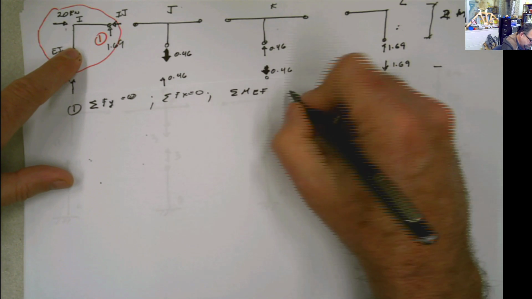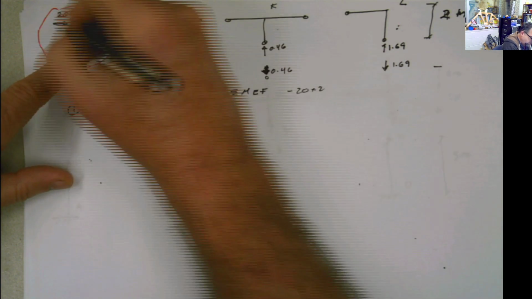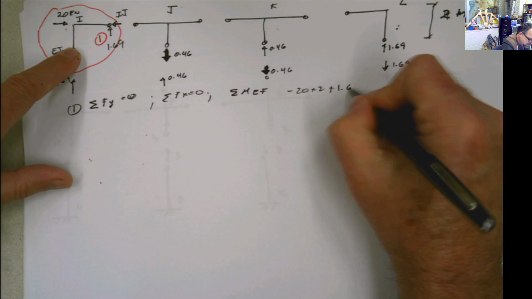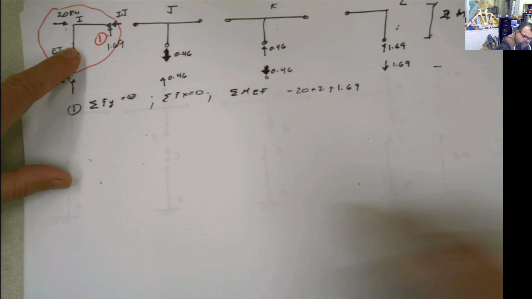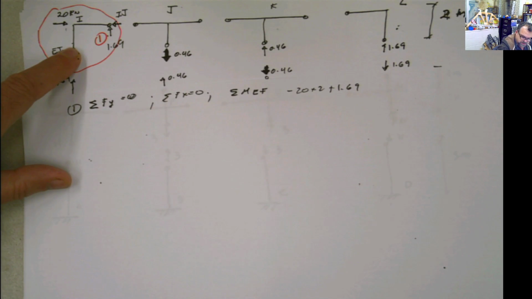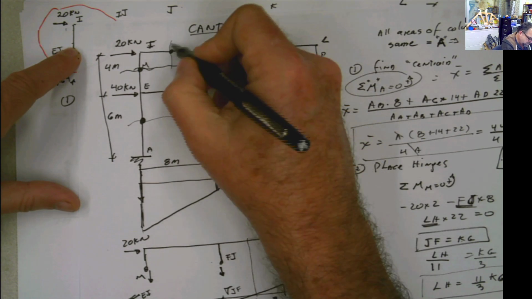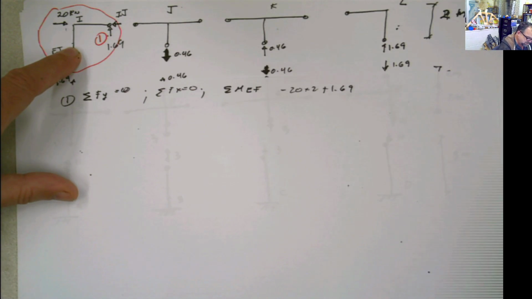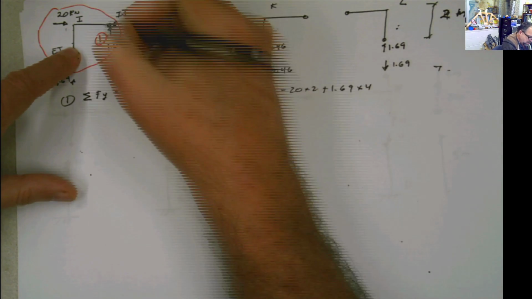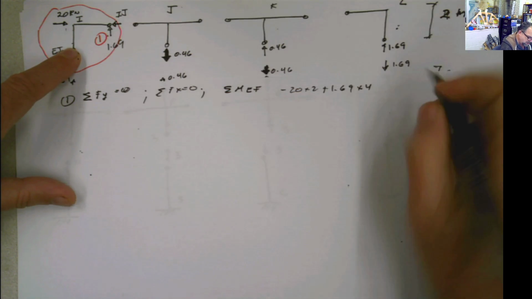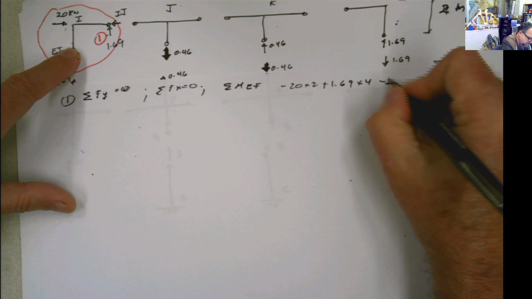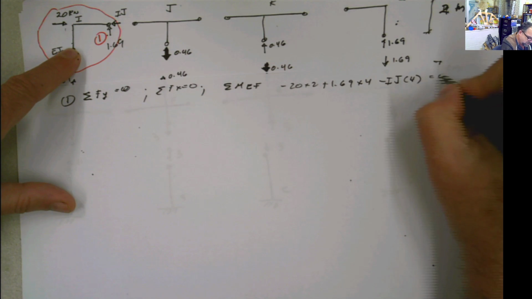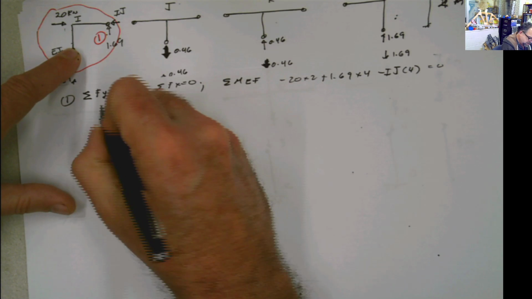So you're going to have negative 20 times 2, plus 1.69 times this distance. That distance is 4, times 4, minus IJ times 4, that has to be equal to 0, and then I can calculate IJ.